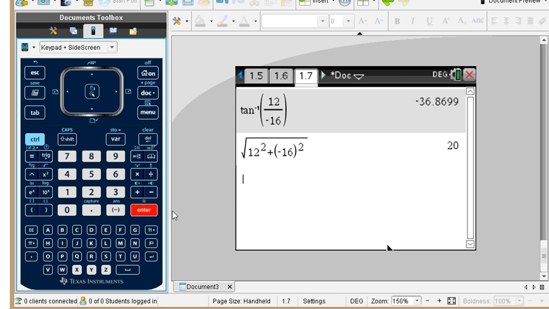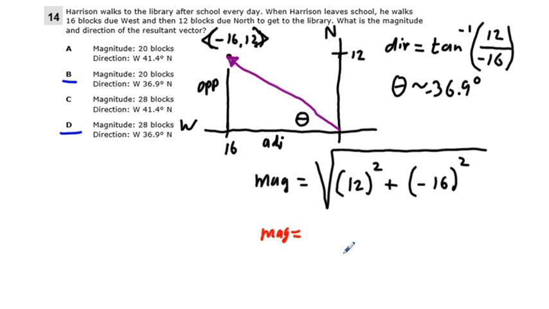So we get 20. I think that's a 3, 4, 5 right triangle is what that ends up being. And so between B and D, our correct answer between the two is going to be answer choice B. So that's a nice little direction and magnitude problem, application of the vector.